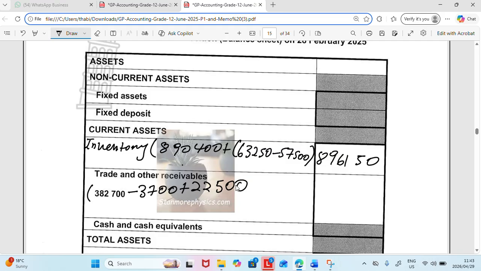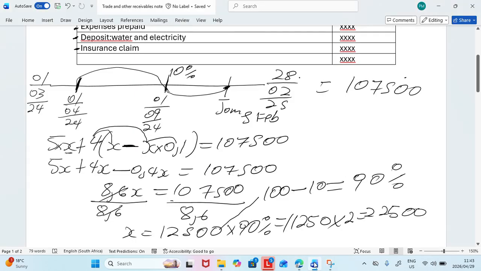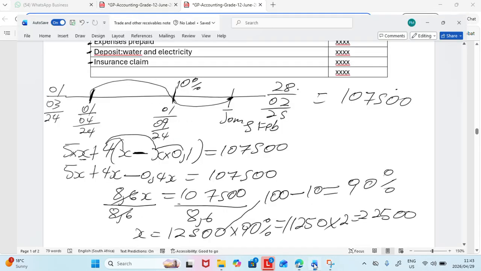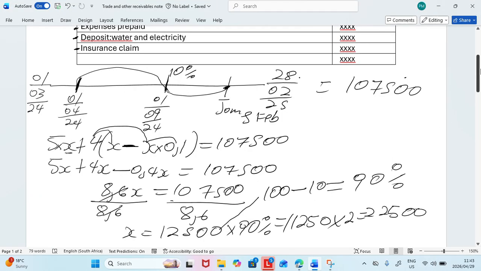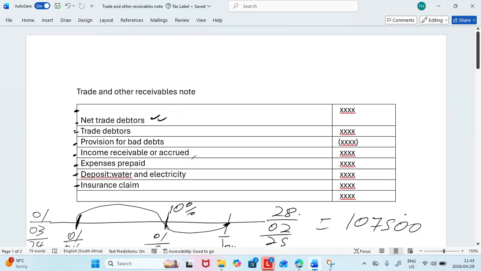Okay, so what else will affect our trade and other receivables note? Remember, guys, from the note there, we start with the net trade debtors, where we take trade debtors, the debtors control. That 382,000 is for trade debtors.